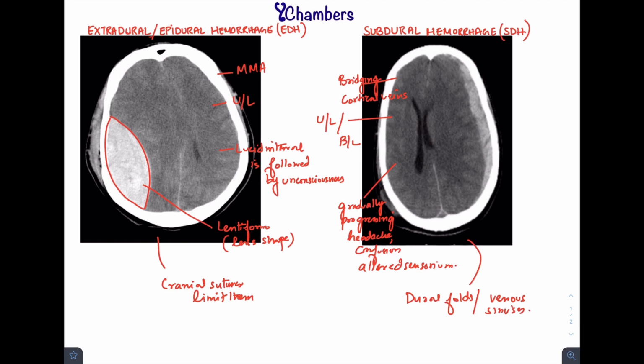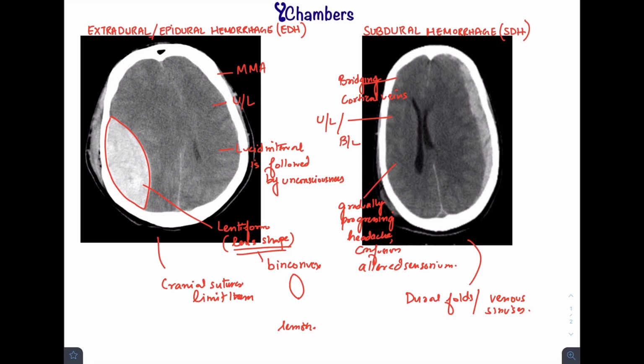The next difference, which we can appreciate on the CT images of the two hemorrhages, is the shape. The shape is very important. It is a lens shape in extradural hemorrhage, or you can call it a biconvex shape. Mostly we say lemon to remember it, so a lemon shaped hemorrhage.